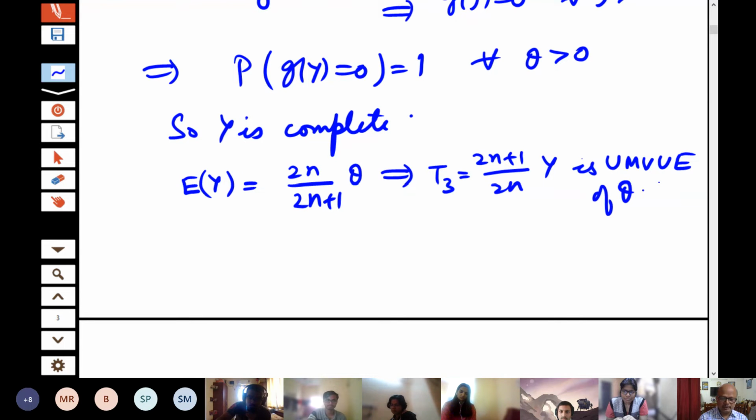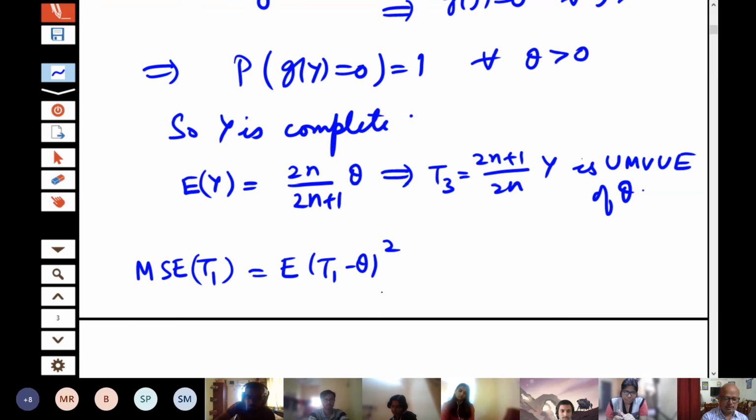So calculate the mean squared errors of the estimators, that is MSE of T1, which is expectation of (T1 minus theta) square, and so on, MSE of T2 and MSE of T3. We have to compare them and find out which estimator is the best among these three. Okay, so please do that now. Calculate the mean squared errors of T1, T2 and T3.